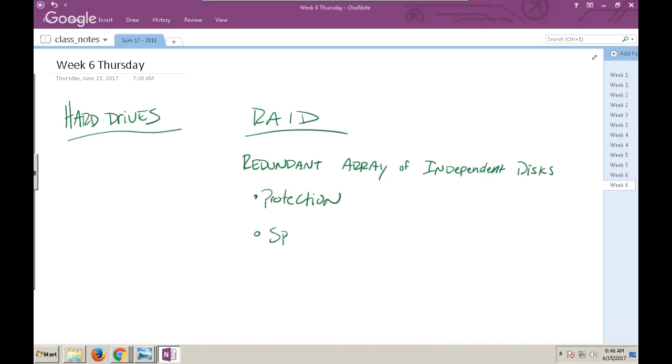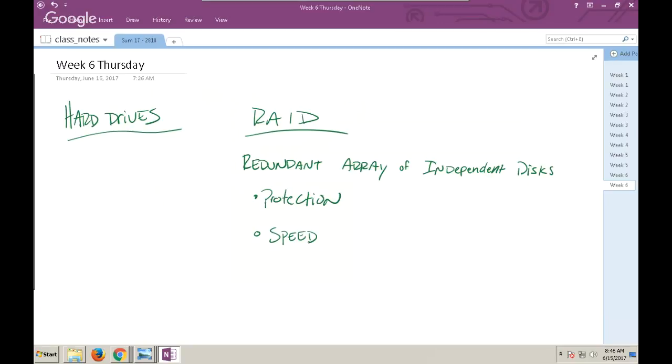I'm going to just put speed for brevity. The idea behind RAID is to either give us protection or to give us speed. Sometimes both, sure. There are several levels of RAID, and each RAID level will have its own characteristics about what it gives you.